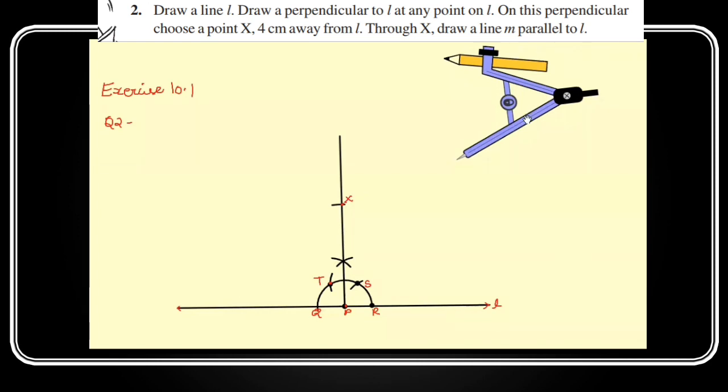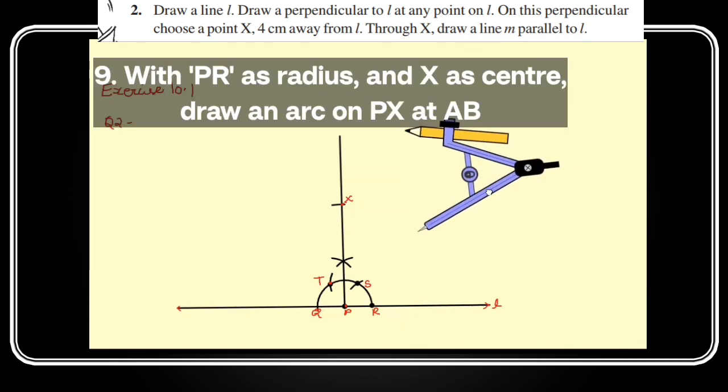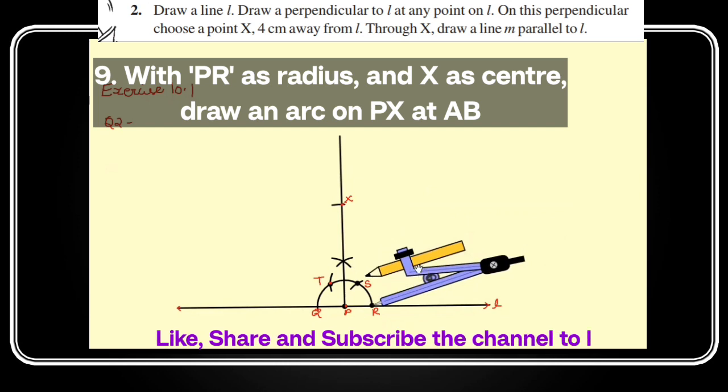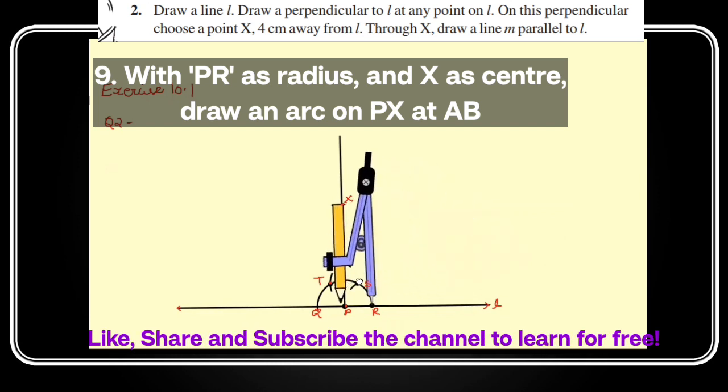Now they are asking, through X draw a line M parallel to L. So we will proceed with the next step. With PR as radius and X as center, draw an arc on PX, marking AB. The parallel line should pass through X and be parallel to L.